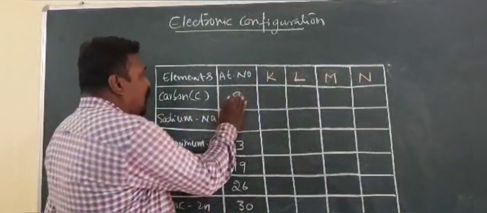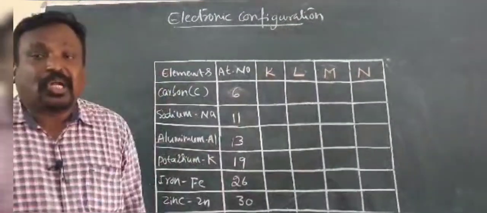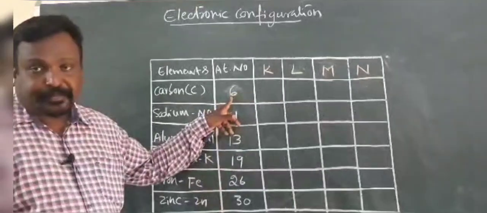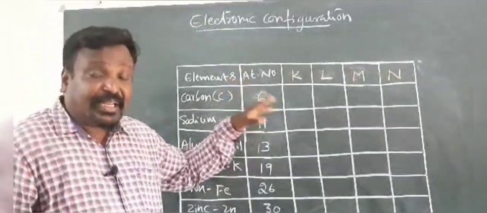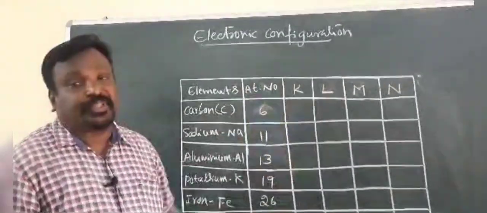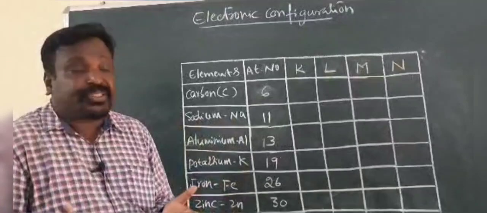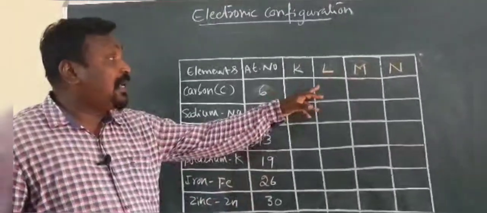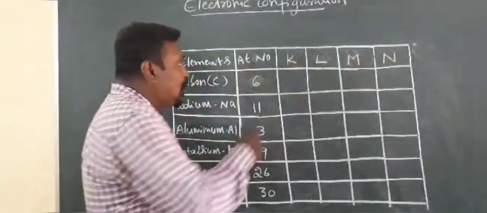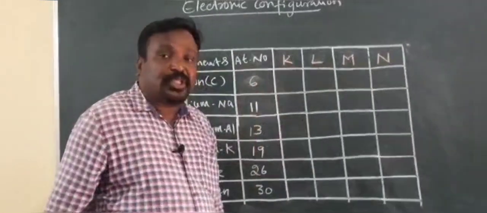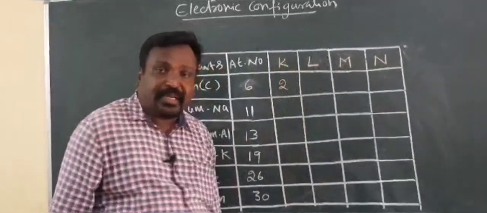For example, we have taken carbon, right? The atomic number of carbon is 6. Now, how have these electrons been arranged in K, L, M and N shells? You know, children, the maximum number of electrons present in the K shell is 2, right?